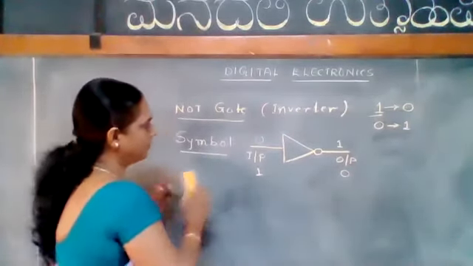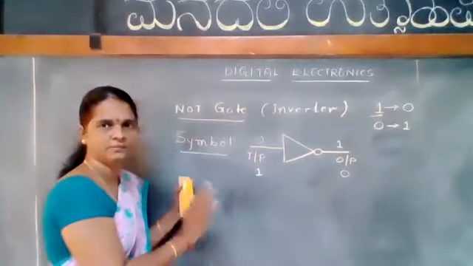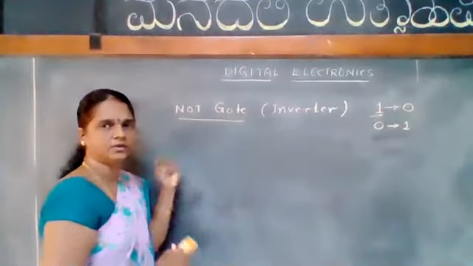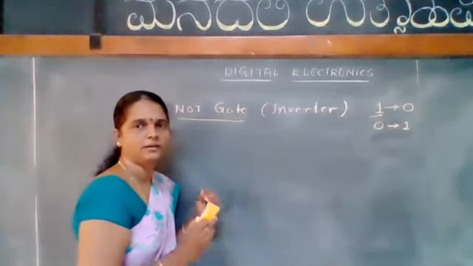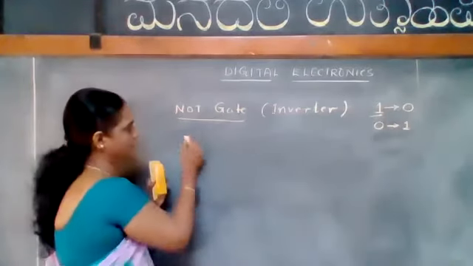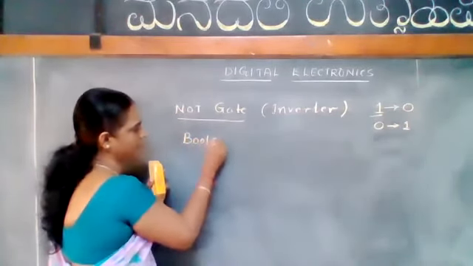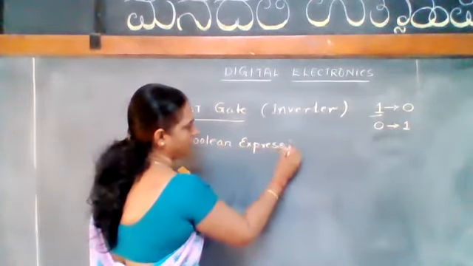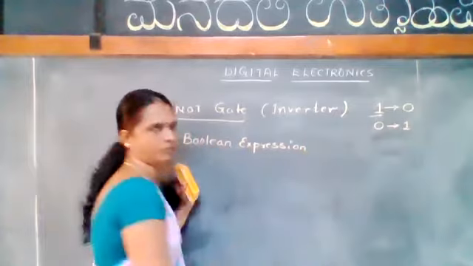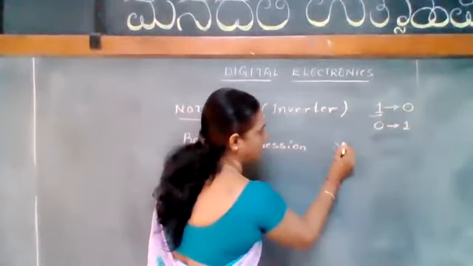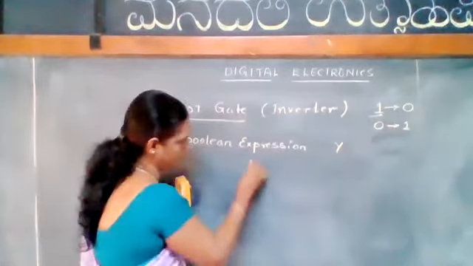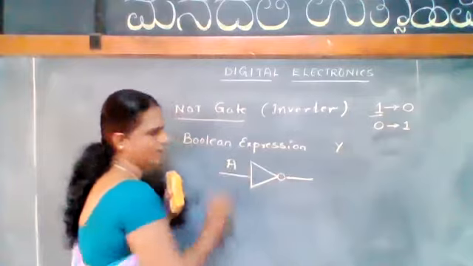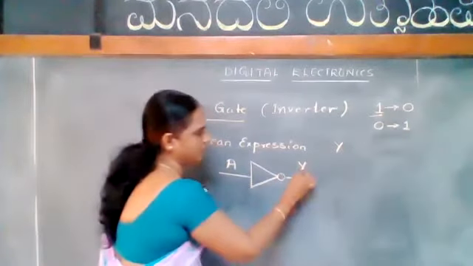This is the symbol of the inverter. Now, how is this NOT gate represented using a Boolean expression? Let us take A as the input and Y as the output.